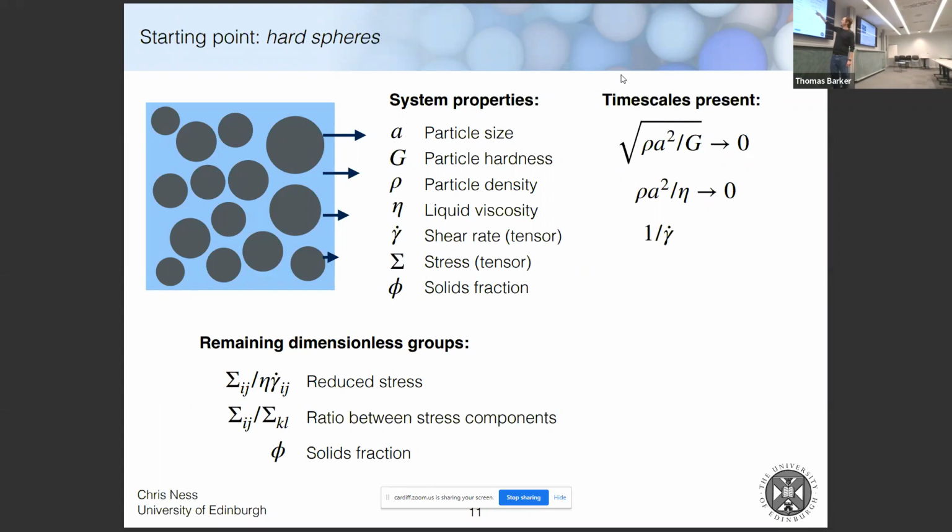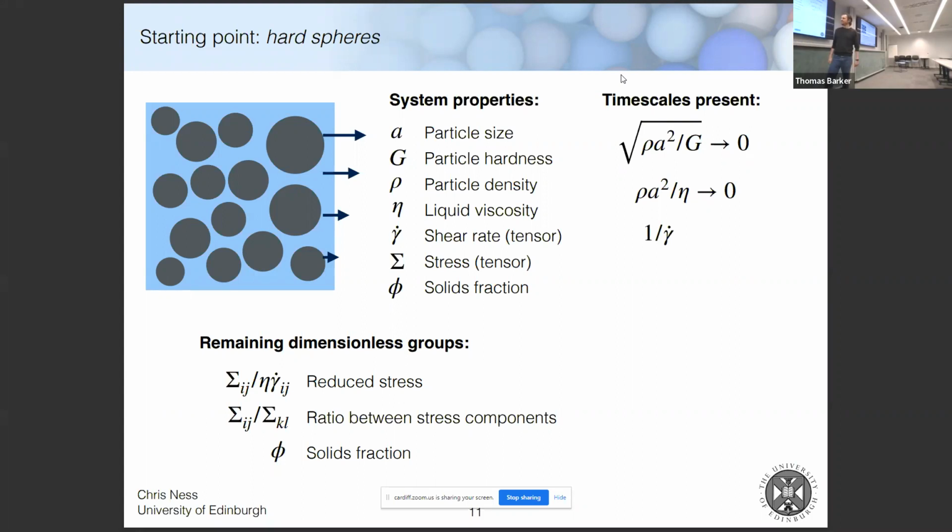So the only way we can make this dimensionless is with the stress and the liquid viscosity. So we write this as a reduced stress. This is the stress tensor, rescaled with the liquid viscosity times the strain rate tensor. So this thing here has units of stress, so this is a dimensionless stress.